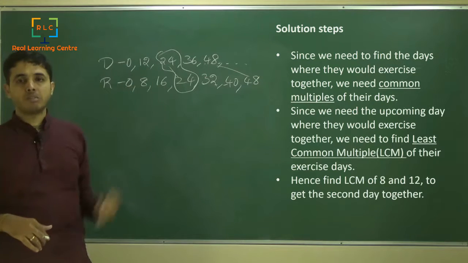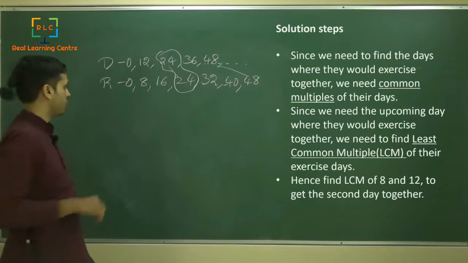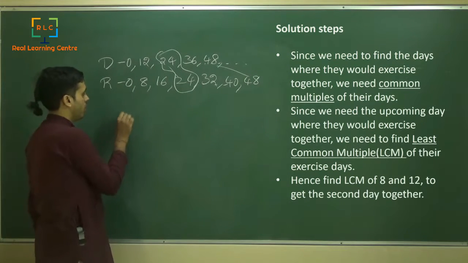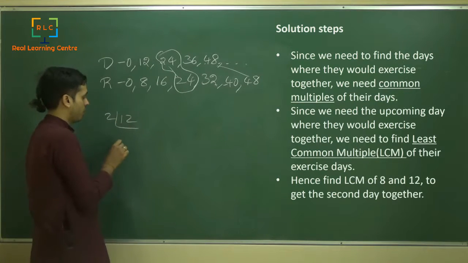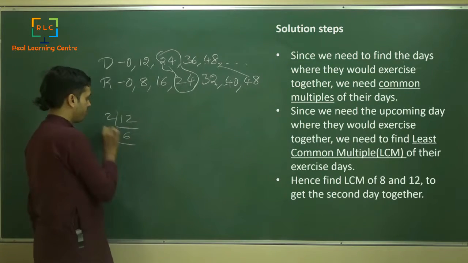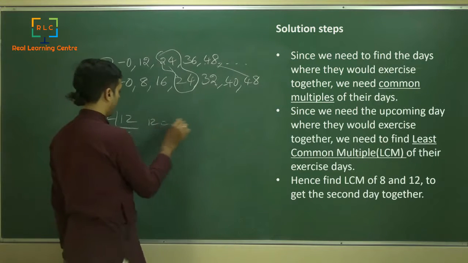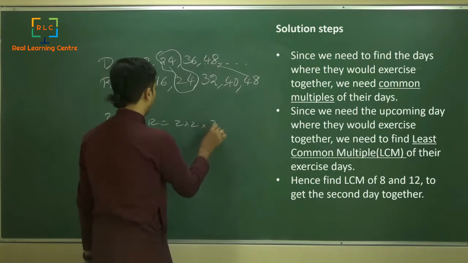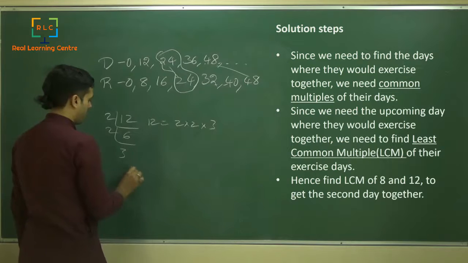Now, instead of finding all the possible multiples, I can use the prime factorization technique. What will I do? I will find the prime factors of 12, and I will find the prime factors of 8.